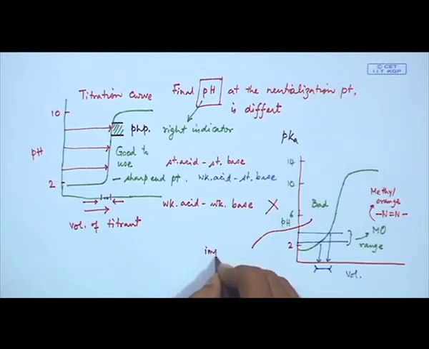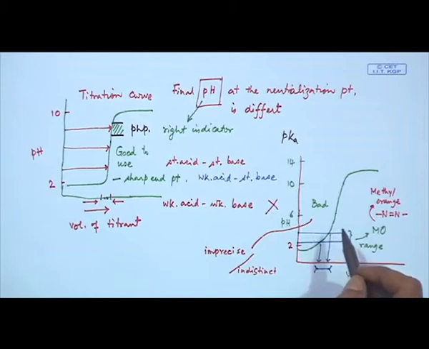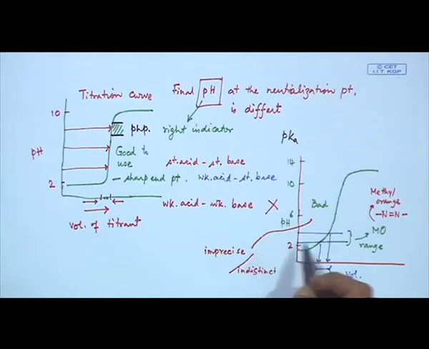Therefore, we can have imprecise or indistinct determination or indication. The indicator is indicating your endpoint, so if it is not perfect, we can label it as an imprecise or indistinct change in the corresponding pH for its color change.